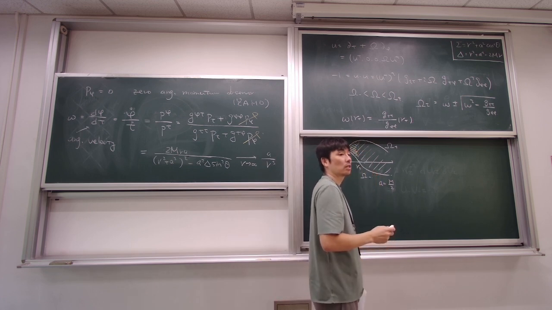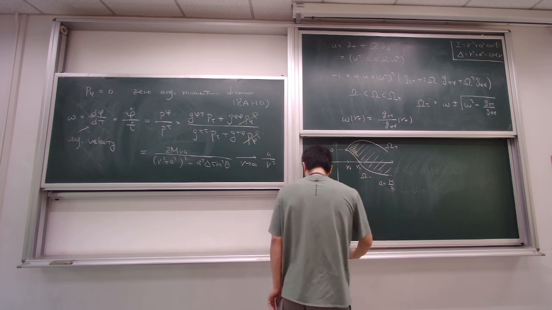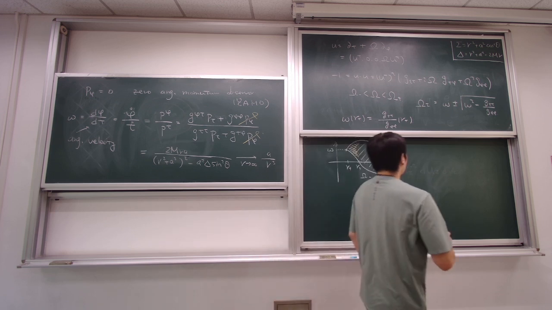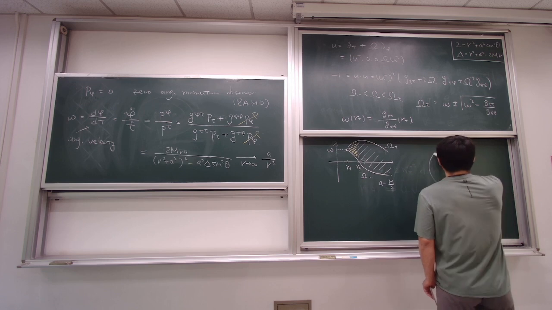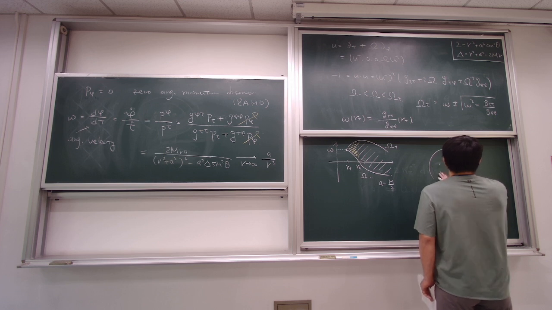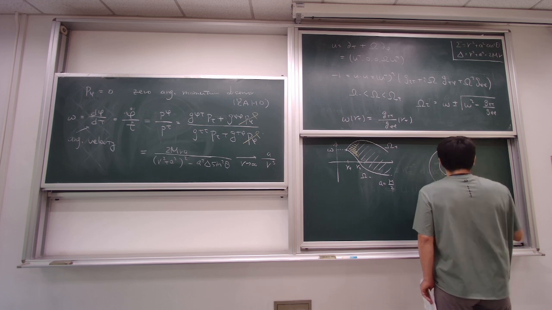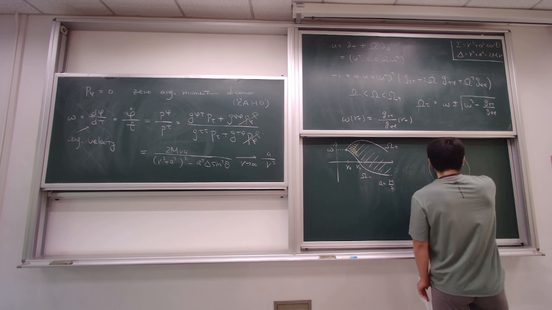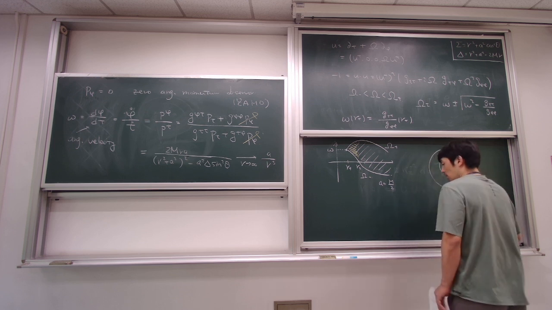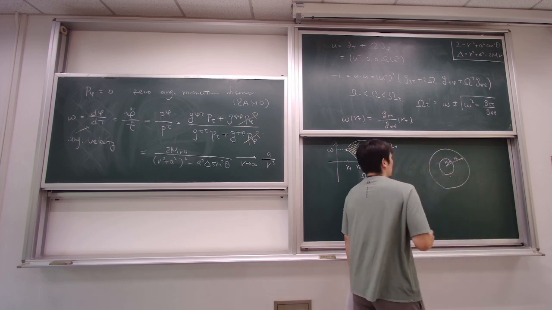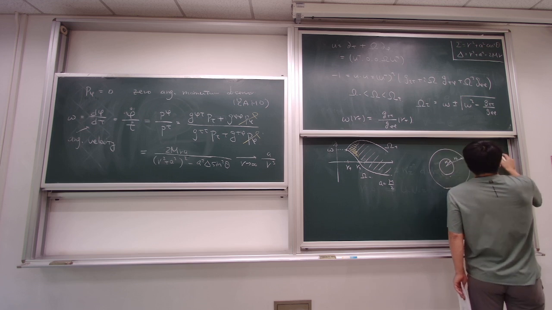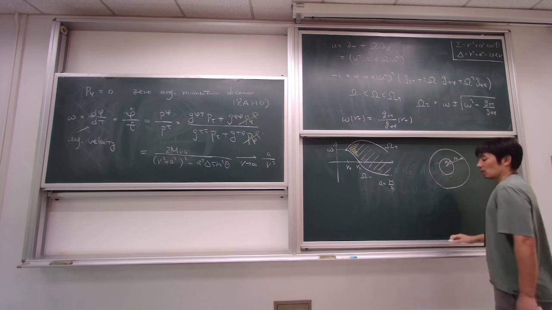Moreover, as I mentioned, this is r0 and r plus, and this part, the annulus, becomes an Auger sphere.